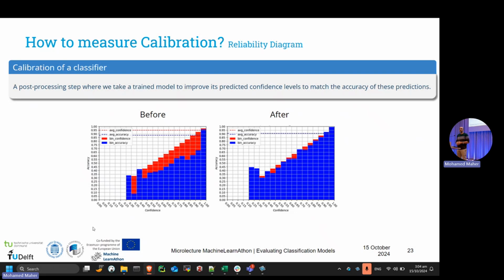Here we have an example of a reliability diagram for a classification neural network, where we can find the gaps between the average bin confidence and the average bin accuracy. After applying the calibration algorithm over the trained model, you can find that these gaps are much smaller and the model becomes better calibrated.